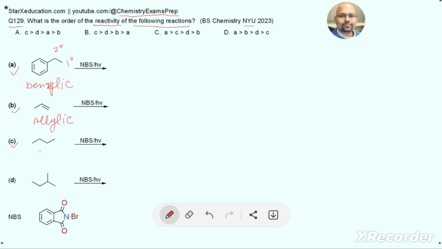The third one is n-butane, so it's got the primary and secondary carbons. So you can consider it as a secondary substrate because that's the most reactive carbon-hydrogen bond for free radical reactions. The last substrate has a tertiary carbon here, so it can generate a tertiary free radical.